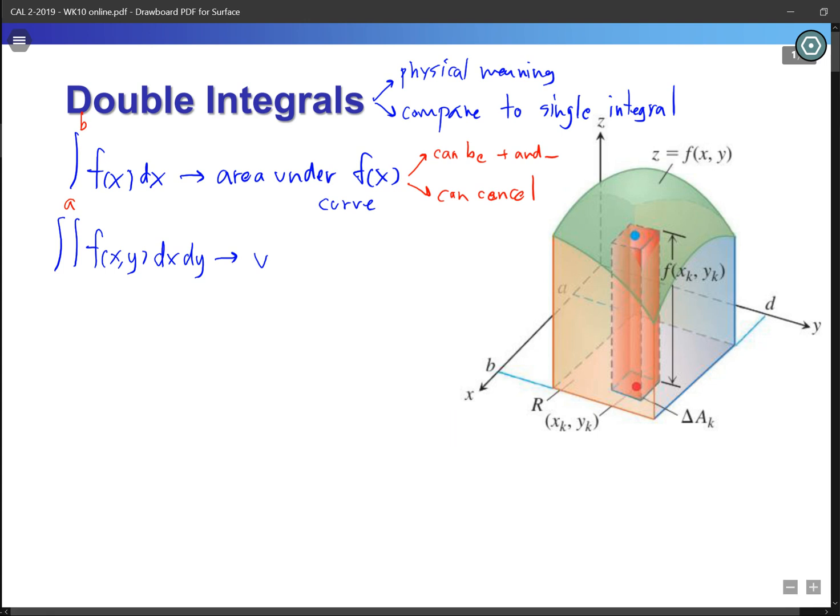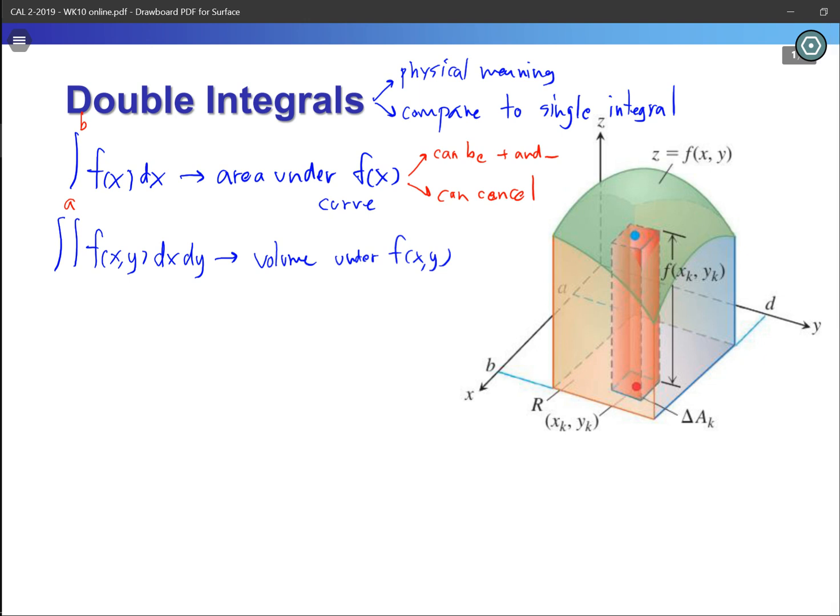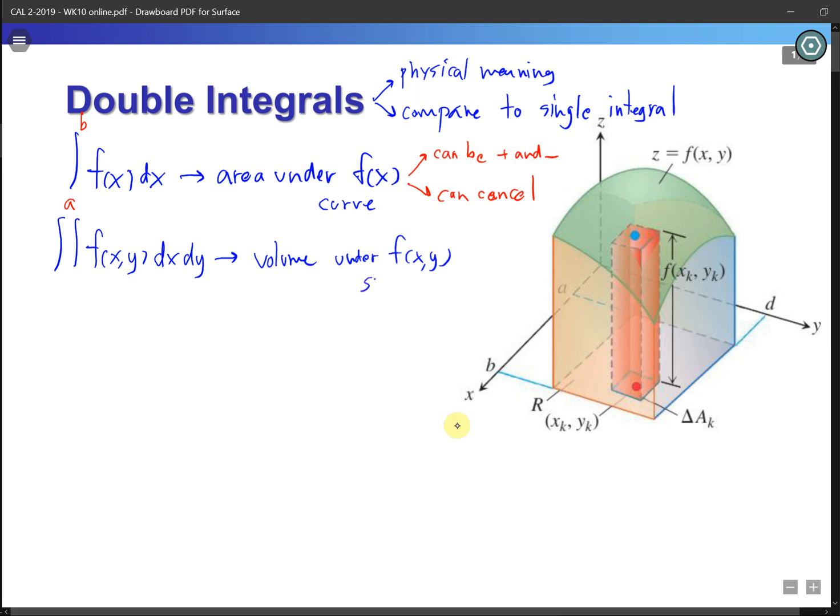Okay, back to this. This is the volume under f(x,y), and at this point you should know that f(x,y) is a surface, just like you see in this graph.